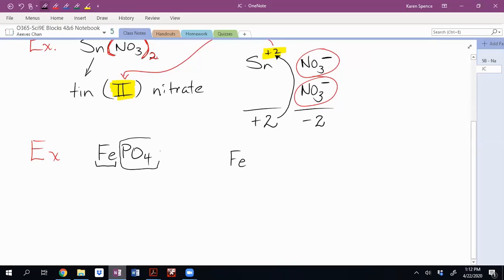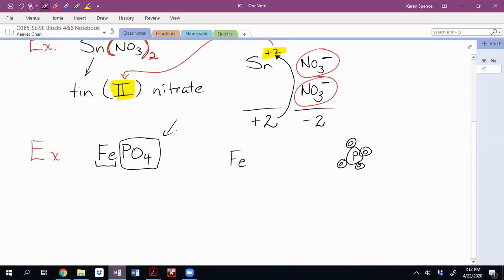The anion is PO4, which means that we have 1 phosphorus atom with 4 oxygens attached. How many of those phosphates do we have? And you guys can answer this. How many phosphates do we have in this compound?